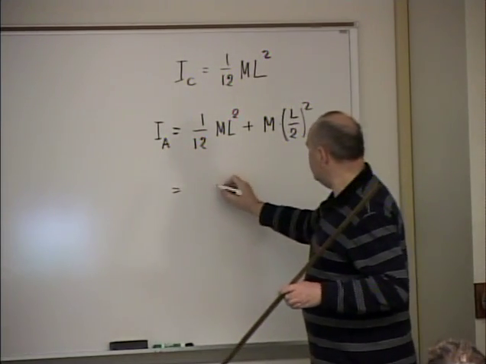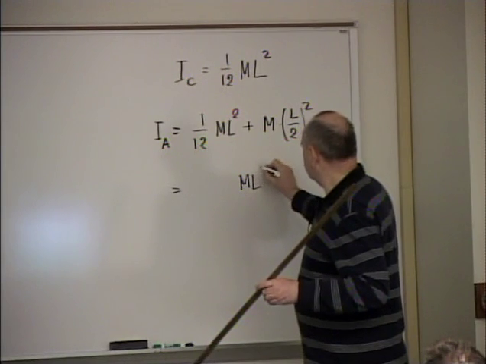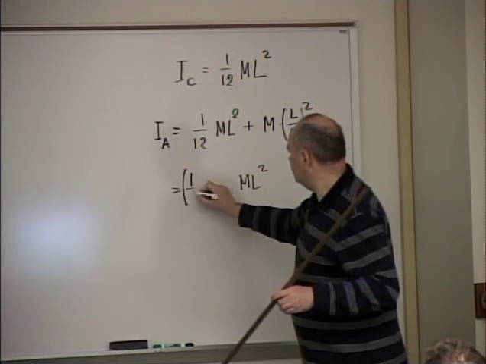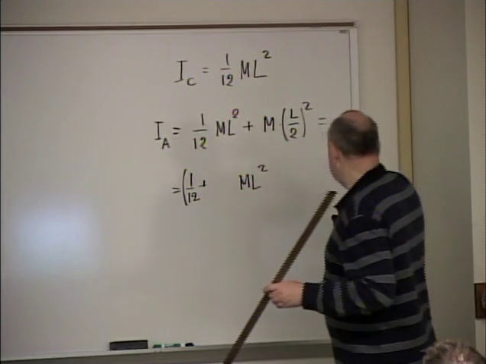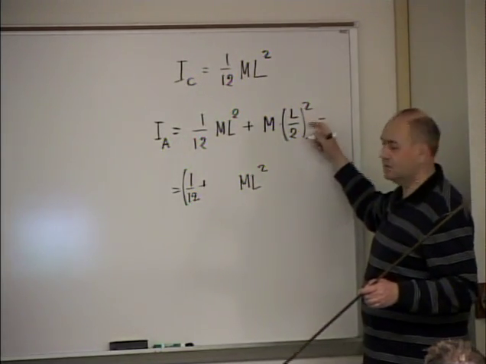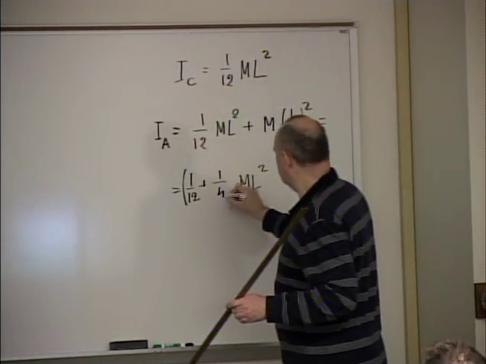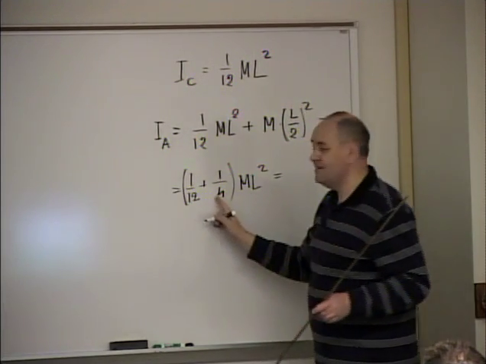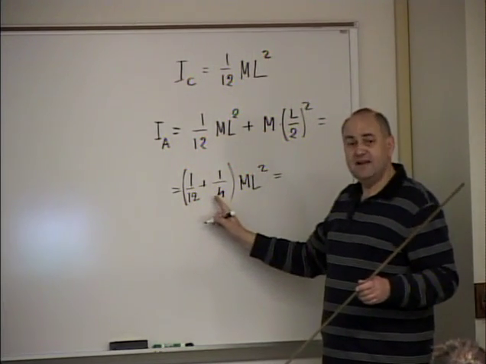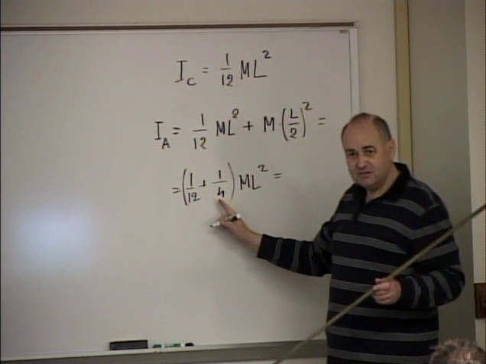All right, so everywhere I have mL squared. From this one I have 1/12, and from this one I have 1/4. 1/12 plus 1/4 is how much?